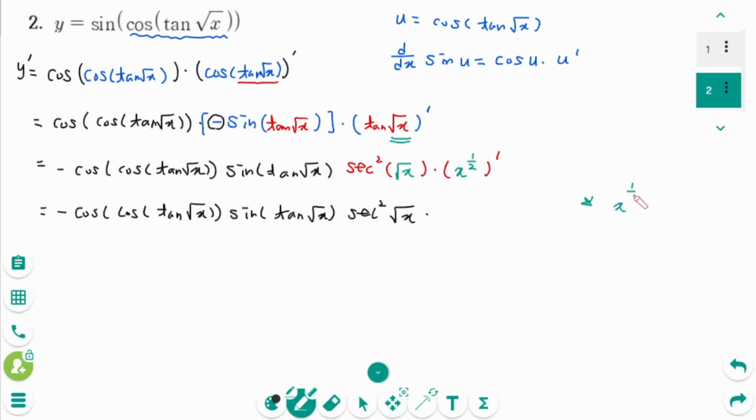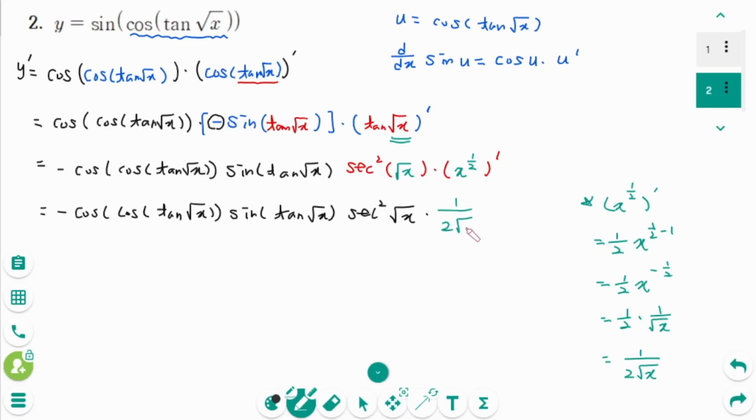x to the power of 1 over 2 prime equals 1 over 2 x to the power of 1 over 2 minus 1, which is 1 over 2 times x to the power of minus 1 over 2. Back to the radical form, that is 1 over 2 square root of x. Then back to the original.